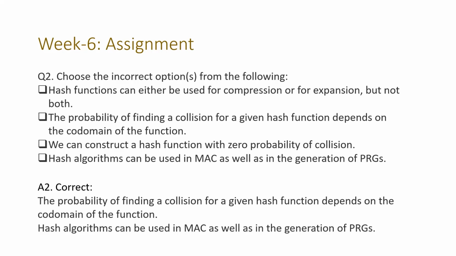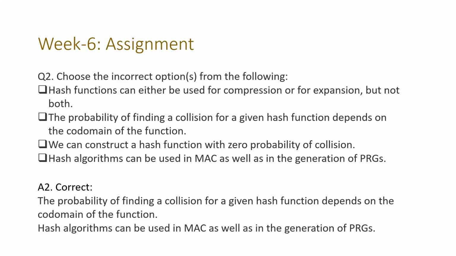Okay, this is correct, because whenever there is an attack on some existing hash function, it basically tries to exploit how small the codomain of that hash function is. An attack on a hash function means that you successfully come up with two distinct messages x and x dash, such that x is not equal to x dash, but h of x is equal to h of x dash.